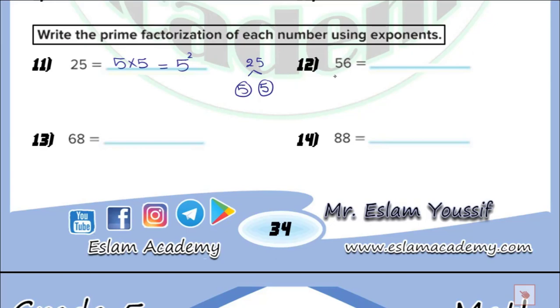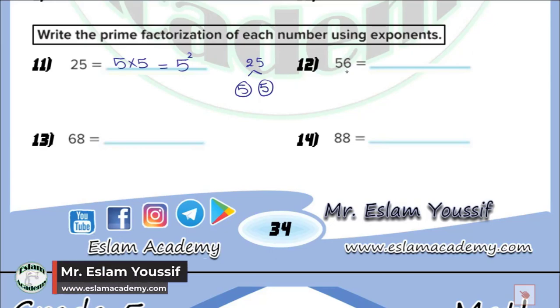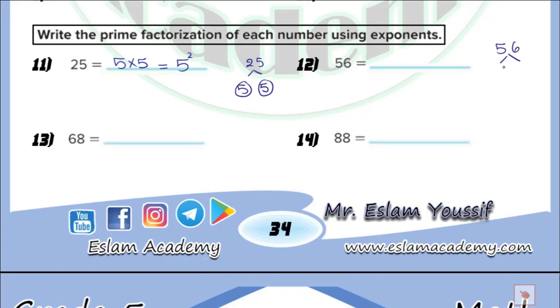In question number 12, we have the same. We have 56. We just need two numbers that, once you multiply them, the answer will be equal to 56. You will find that the two numbers are 8 multiplied by 7. 8 is not a prime number, so we write 8 equals 4 times 2. 4 is not a prime number, so 4 equals 2 times 2.